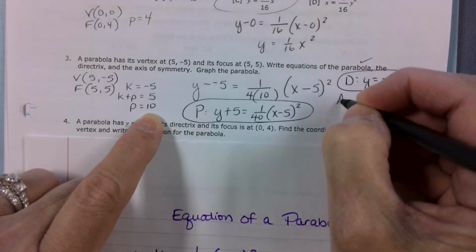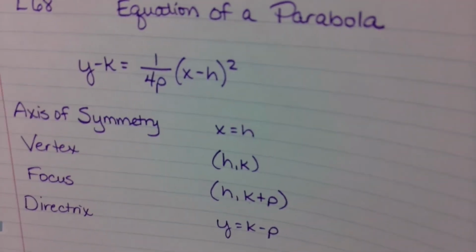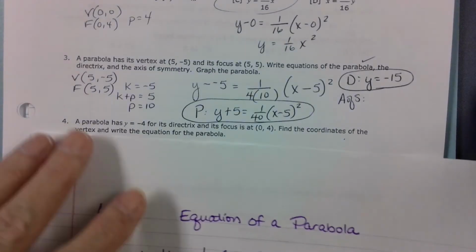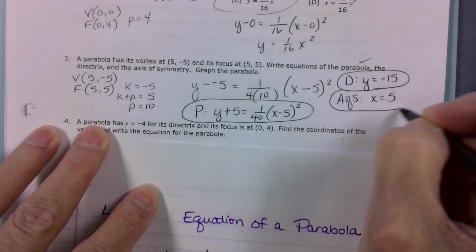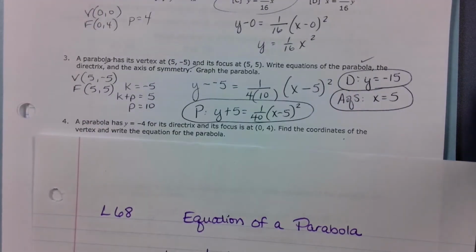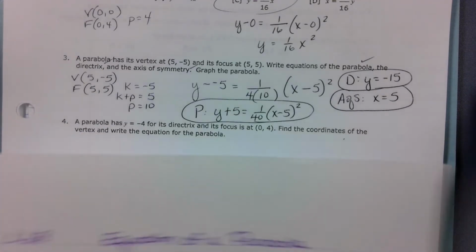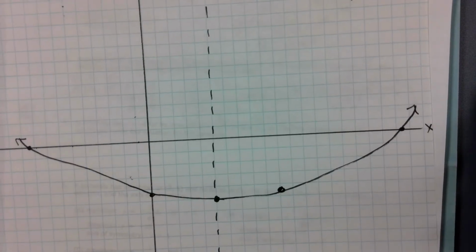And the axis of symmetry, the equation for that is x equals h. And h is 5, so x equals 5. Okay? Now we need to graph it. So what does a graph like this look like? Let's see.